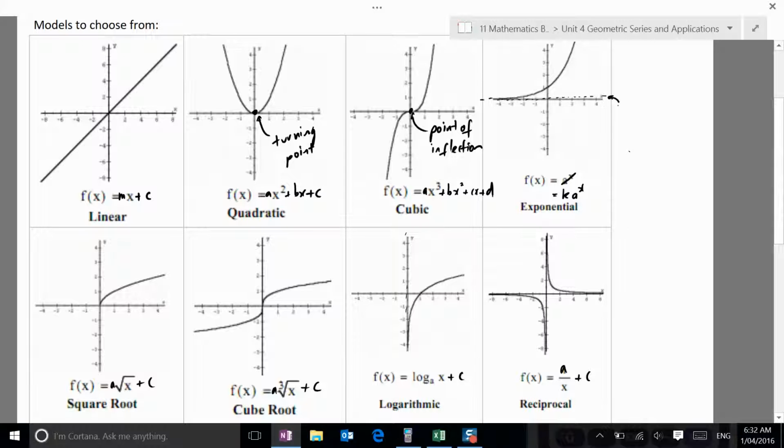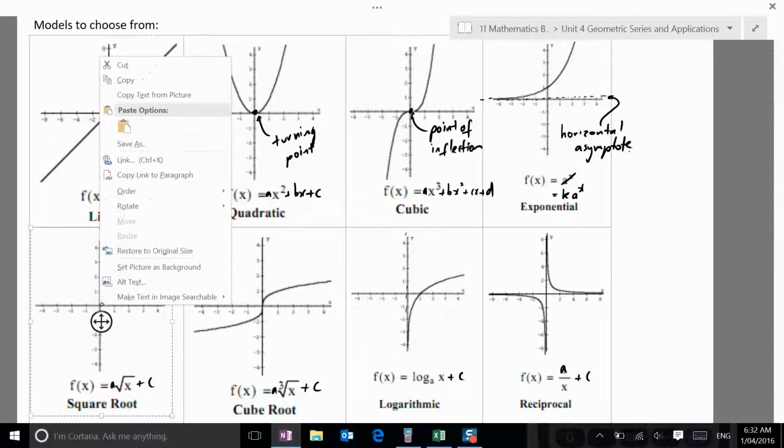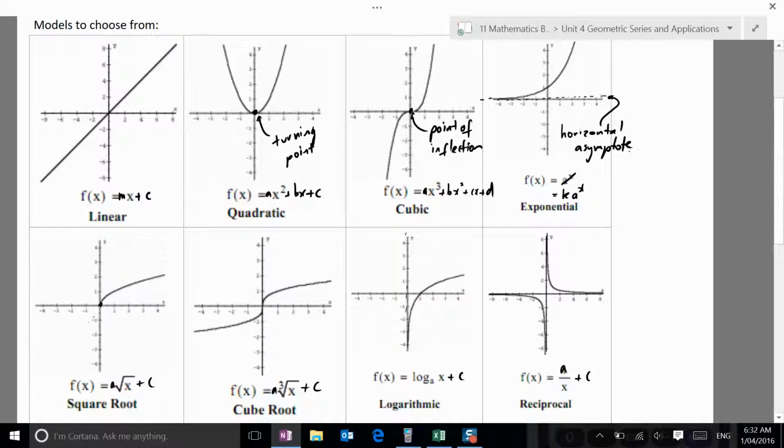Okay, I'll tell you. It has the horizontal asymptote. Square root function has an endpoint here. You might see there's some relationship between these two. The square root function, this part we have here is just this half of a quadratic on its side.